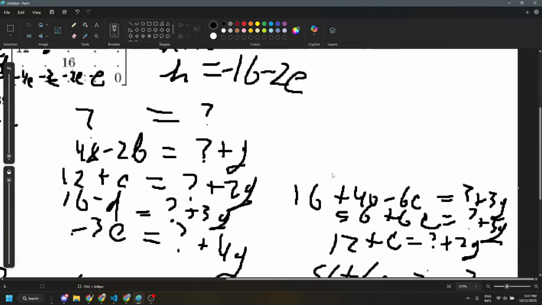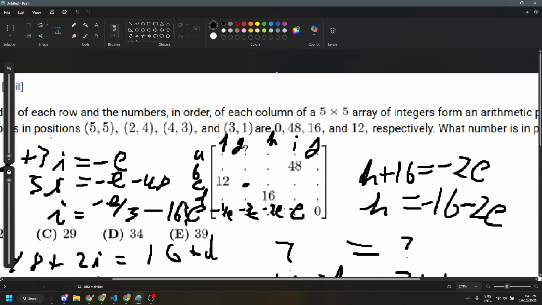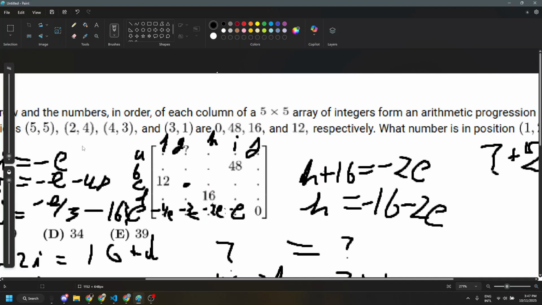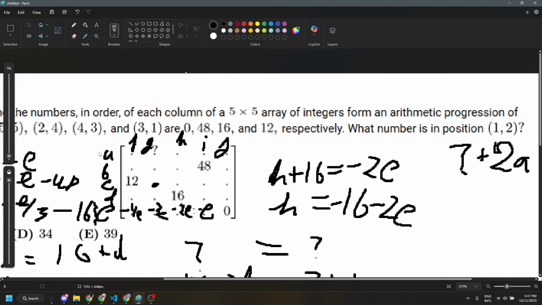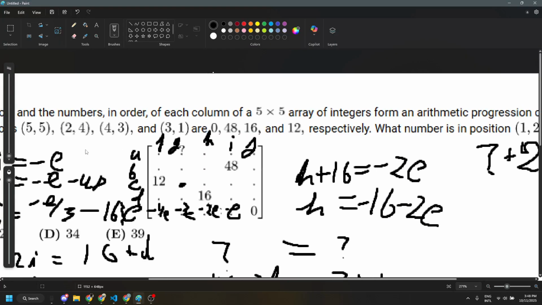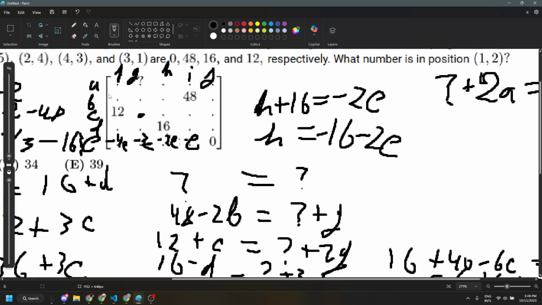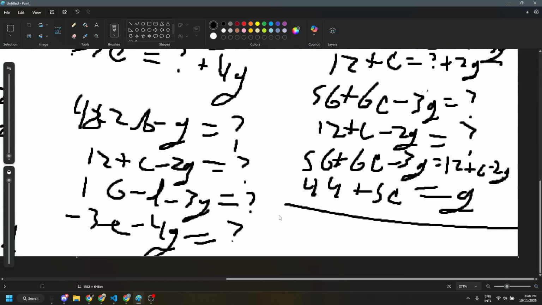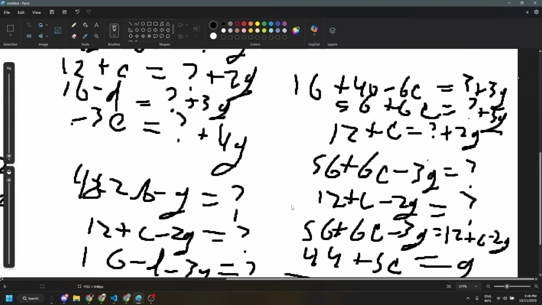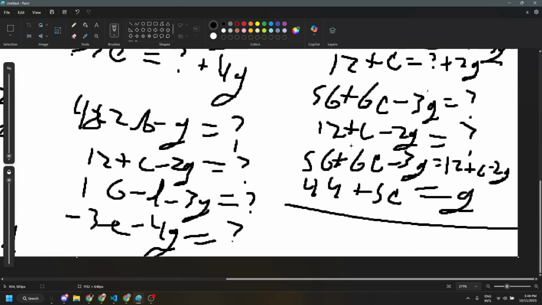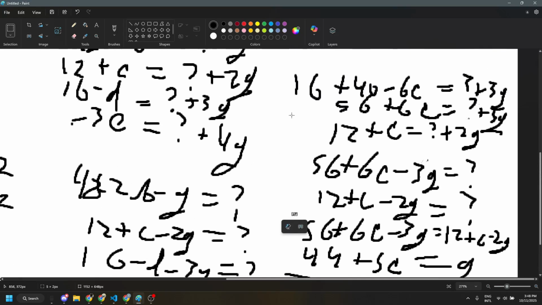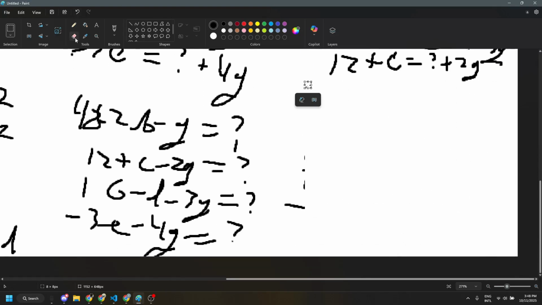44 plus 5c equals G. I think what I'm going to do here is take these two equations and not solve them for the question mark, because that didn't really seem to help us.